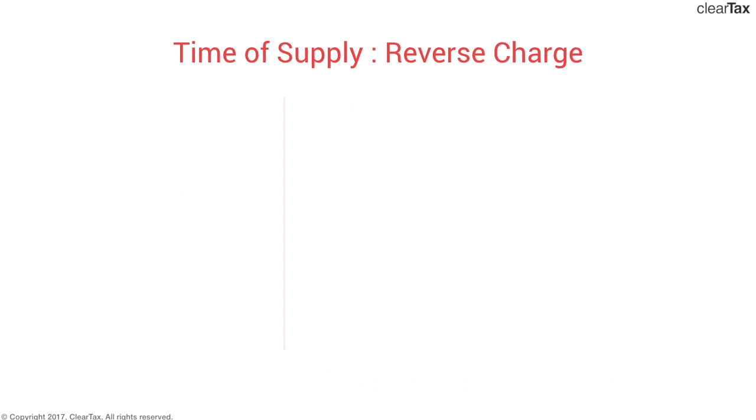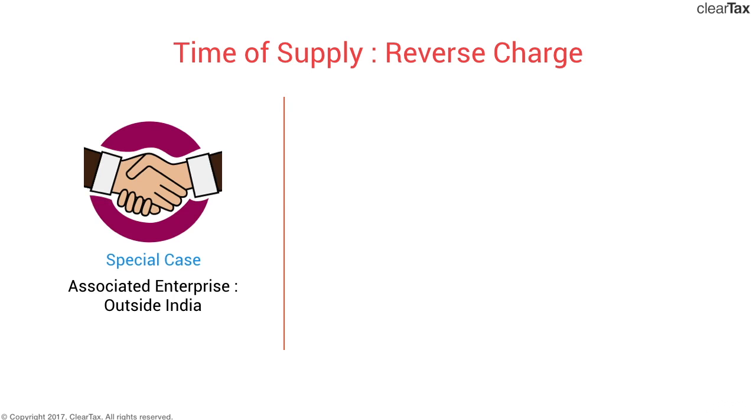There's one special case that we need to talk about under this category, that of associated enterprises situated outside India, related parties situated outside India. We'll not go into the definition of associated enterprise, just know that there's a clause in relation to this transaction.